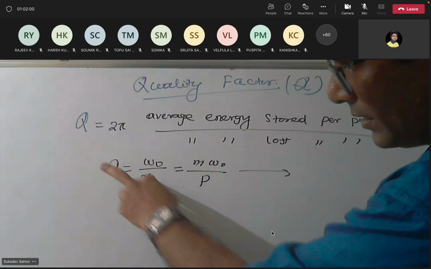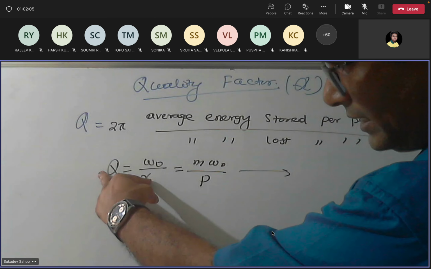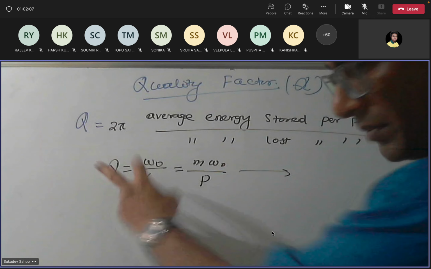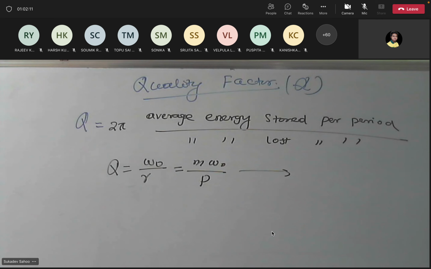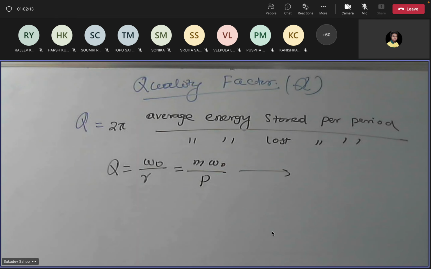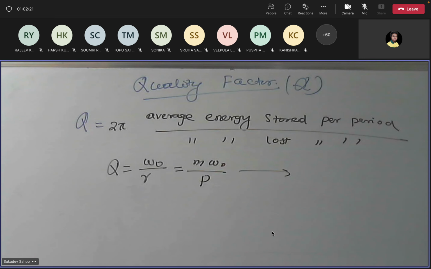Gamma is less when Q is high. So higher is the Q value, smaller is the gamma. What is that gamma? Gamma is the bandwidth. So higher the Q value, smaller is the bandwidth. That means sharper is the tuning. Higher the Q value, smaller the bandwidth, sharper is the tuning.